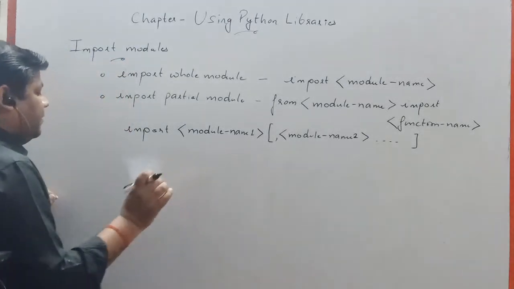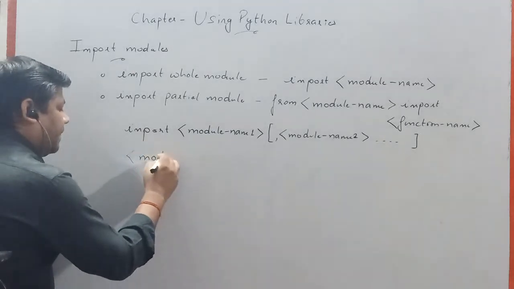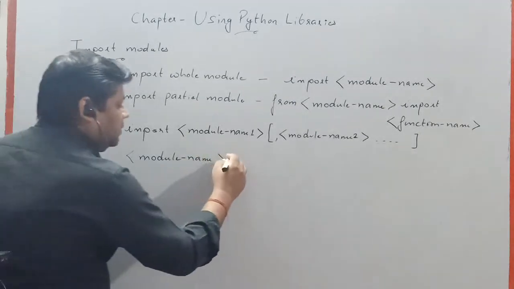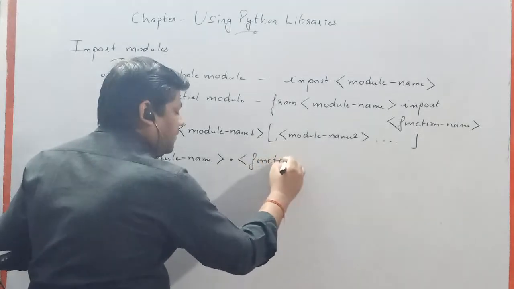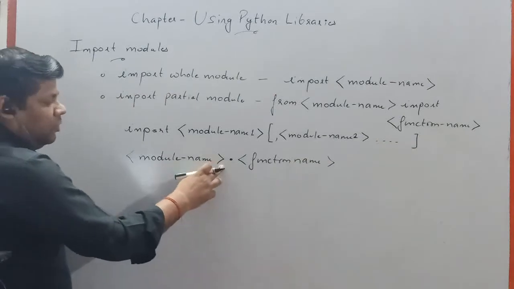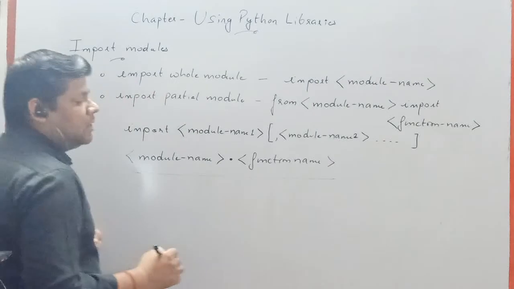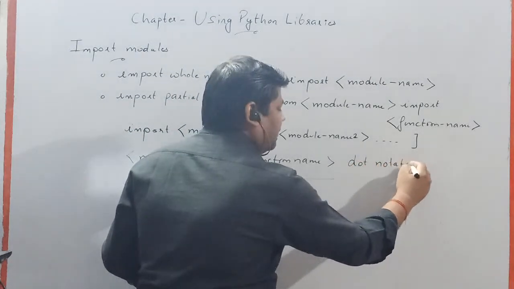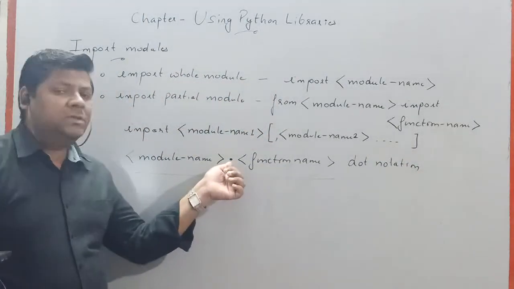We should use the following syntax: module name dot function name. This type of referencing is called dot notation, because we have used a dot here.